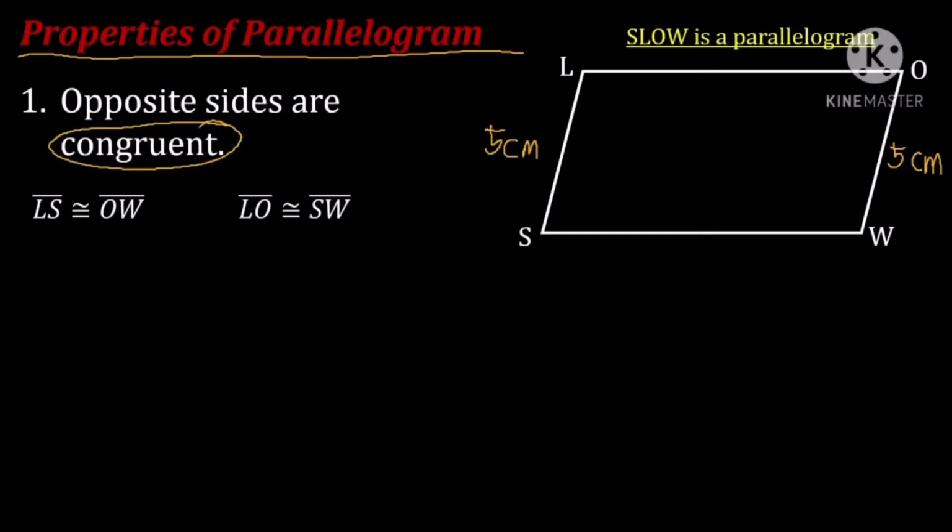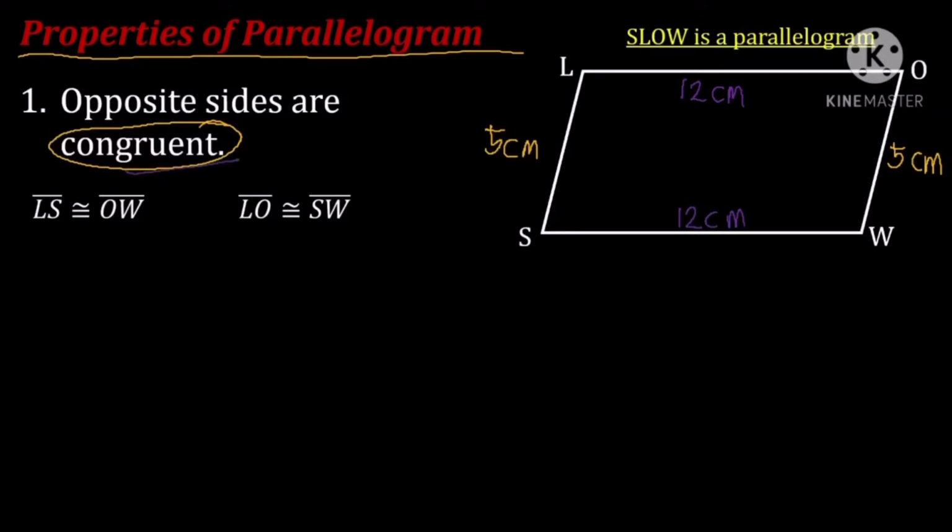Another, if the measurement of side LO is 12 cm, the measurement of side SW, which is the opposite side of side LO, is also 12 cm. Because opposite sides are congruent.